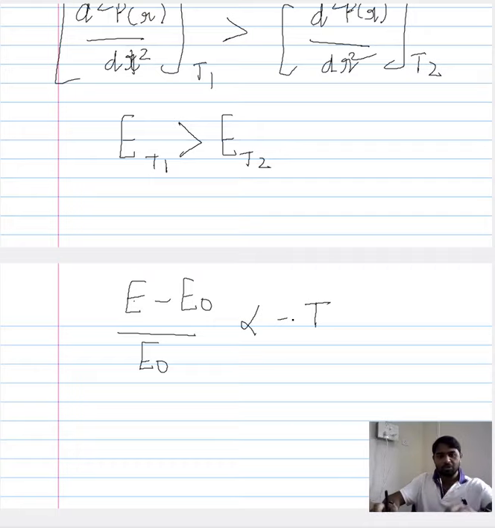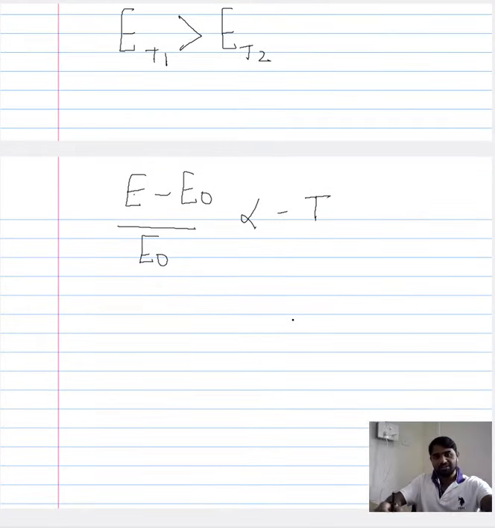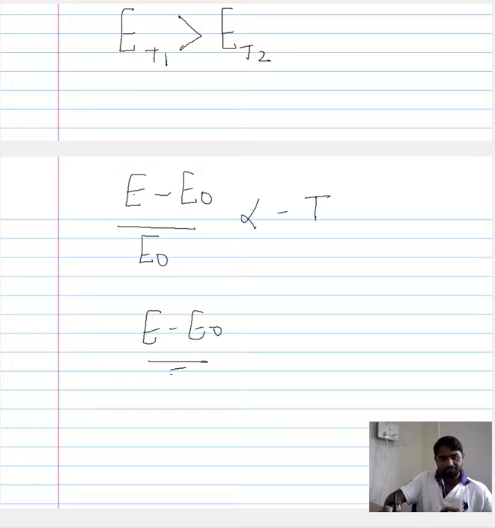Now we introduce a constant to get rid of this proportionality. So we have a proportionality constant introduced, and the temperature that is influencing the Young's modulus. Usually when you talk about the change in temperature, it will be delta T, but here we are not doing that. Instead of delta T, we normalize the temperature with respect to its melting point.